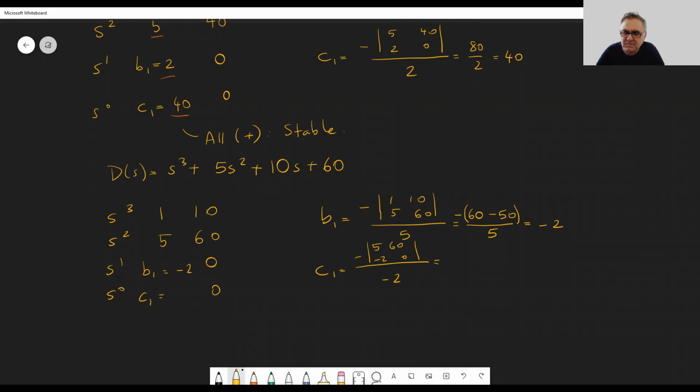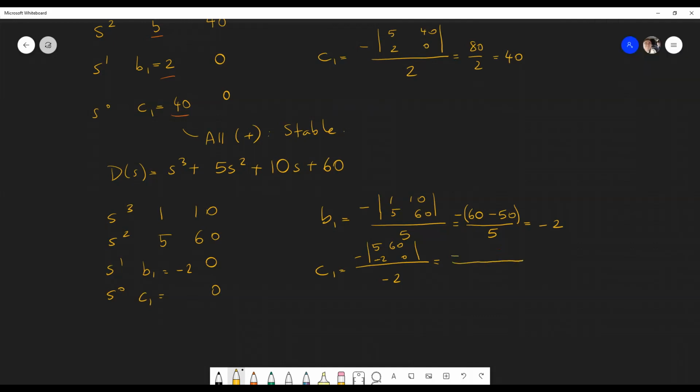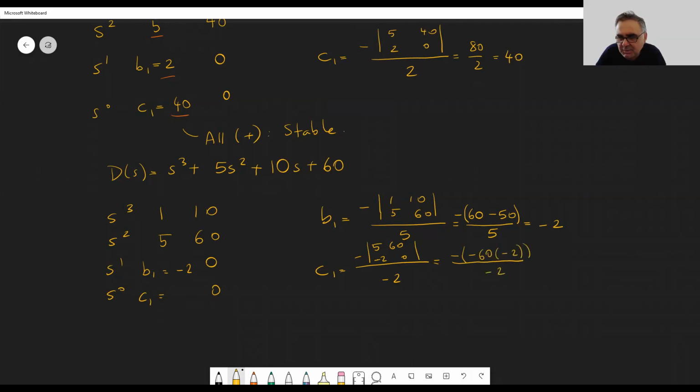Between the brackets it's minus 120. The minus outside, there is another minus. Minus 60 times minus 2, divided by minus 2. Four minuses make a plus, so it's 60.